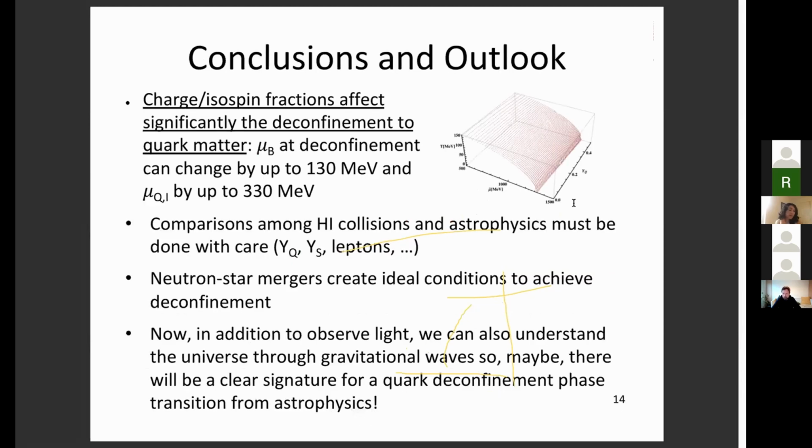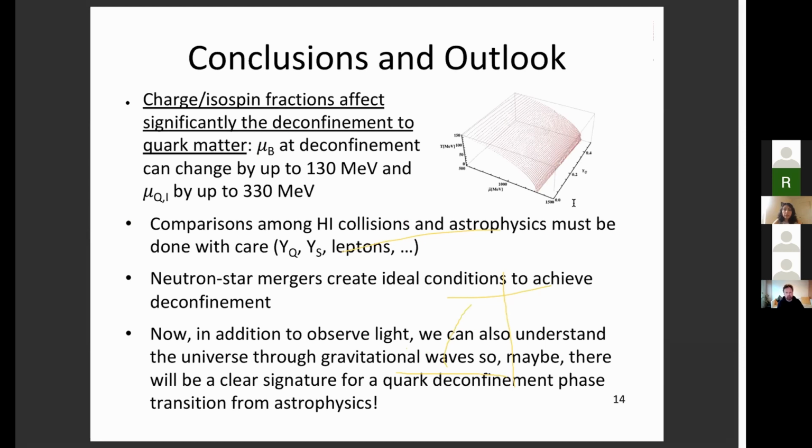So I get to my conclusions. And I want to point out that my talk was very complementary to the one that Jan gave before, because he was showing you in detail what happens in heavy ion collisions. And I want you to keep in mind that if you go to lower energy heavy ion collisions, he was talking about a few entropies, maybe 3 or 4 entropies per baryon.